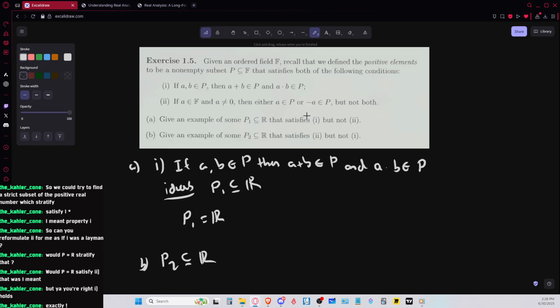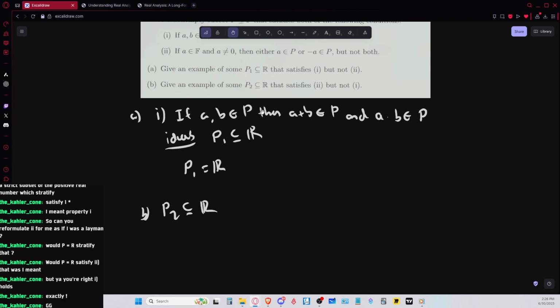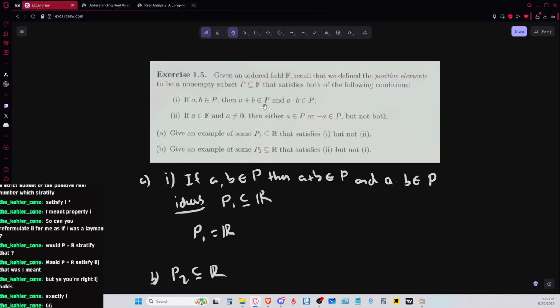So now we have to think about P2. For B, give an example of P2, a subset of R, that satisfies 2 but not 1. So that means we can't do the regular arithmetic.